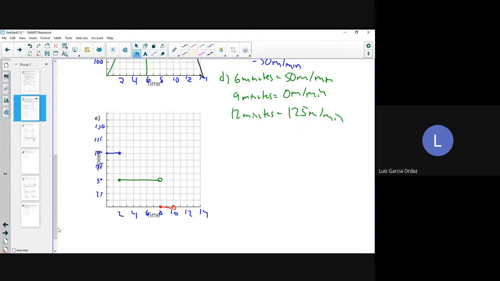And last but not least, from 10 minutes to 14 minutes, she had an average speed of 125 meters per minute. So that is what your speed versus time graph would look like for this example.